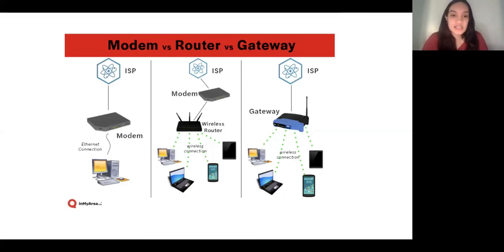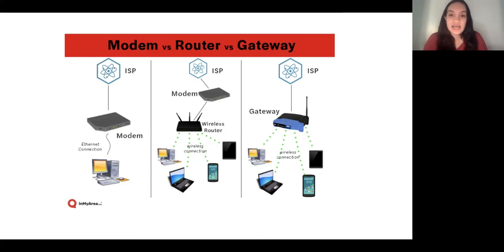As you can see on the slide, a modem is only one device and they use an Ethernet cable connection. So in this demonstration on the slide, a person has their modem and they use a cable to connect to their desktop computer in the house.